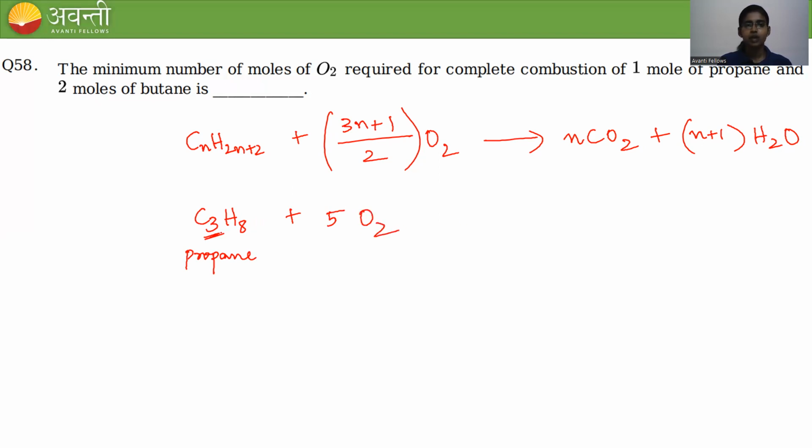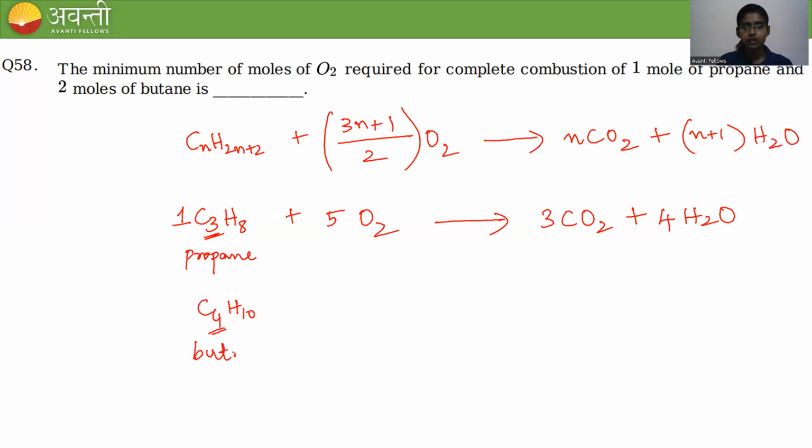So 1 mole of propane reacts with 5 moles of oxygen to give 3 moles, that is n moles, of carbon dioxide, and n plus 1, that is 4 moles, of water. Now coming to butane. The formula for butane is C4H10, so the n value is 4.